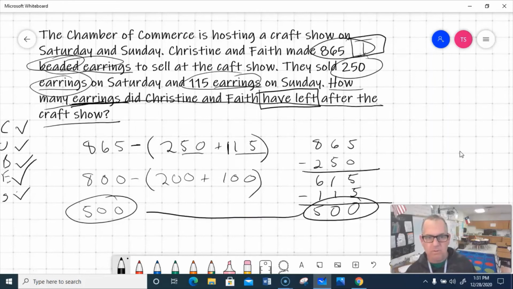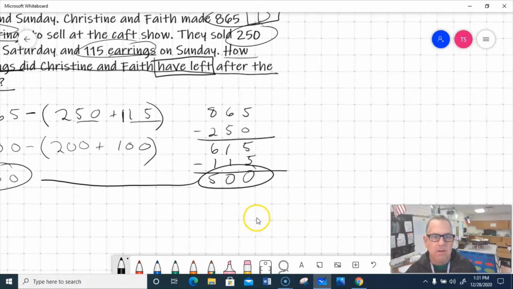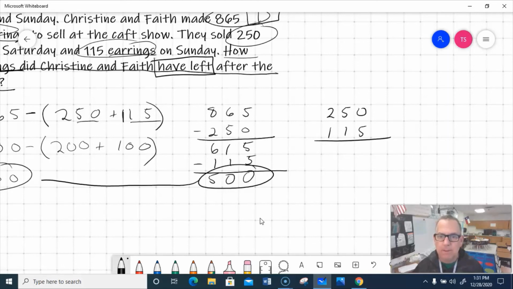Okay, the next thing I'd like to do is go ahead and add 115 and 250 together and subtract that from the total. So that would be 250 plus 115. 5 plus 0 is 5. 1 plus 5 is 6.